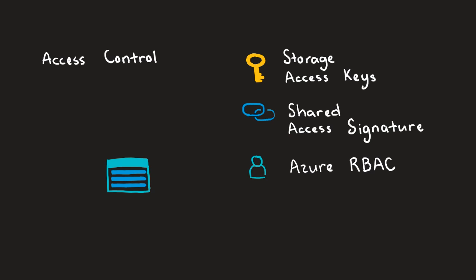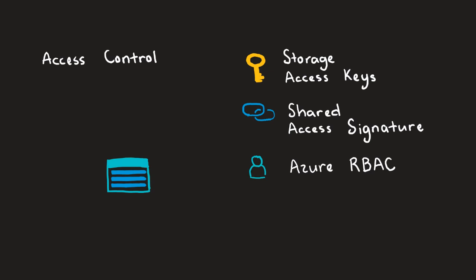The issue with this one is that the most granular level where you can give access is the container level, so the highest level of folder structure within your Azure Data Lake storage. With the Azure RBAC roles, you cannot give access to one specific file, for example.